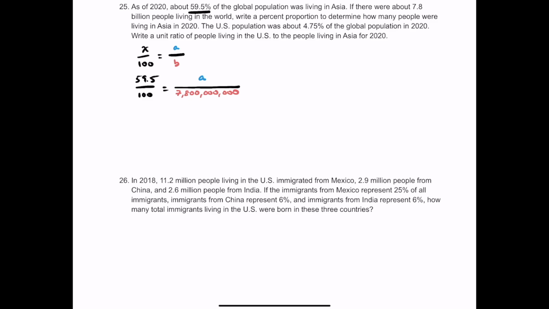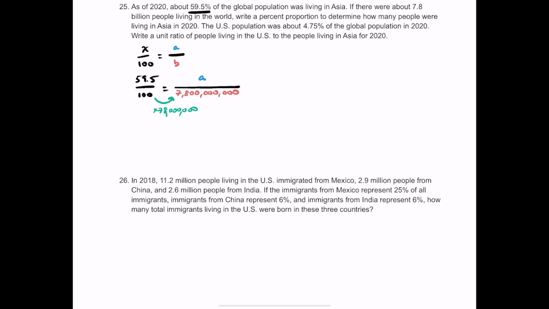Okay. So to figure out how many people were living in Asia in 2020, we can go ahead and say, okay, 100 times, let's see. Well, this has 2 zeros, so just take away 2 zeros here. They already have that in common factor. And so we have 1, 2, 3, 4, 5, 6 more zeros. So this is going to multiply by 78.